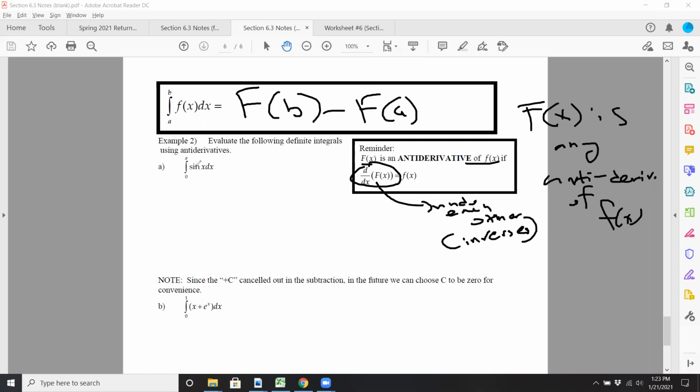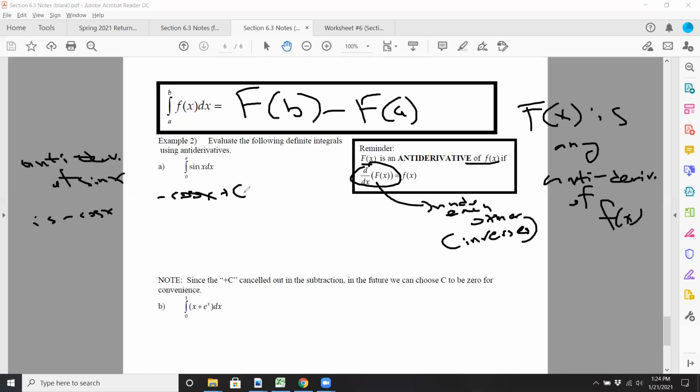So anyway, you have the integral from 0 to pi of sine x dx. Well, the antiderivative of sine x is negative cos x, because the derivative of cos x is negative sine x, but you have the extra negative to make it sine x. So your antiderivative will be negative cos x plus c.